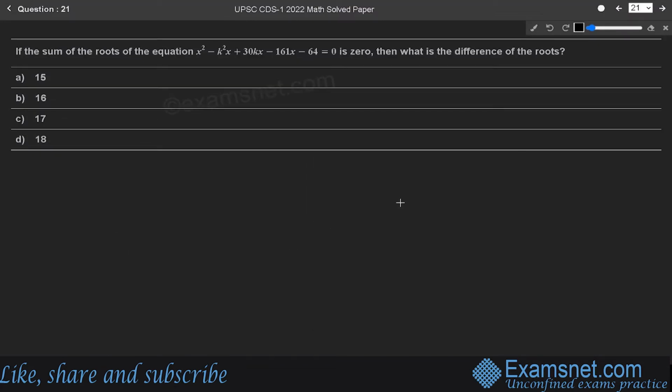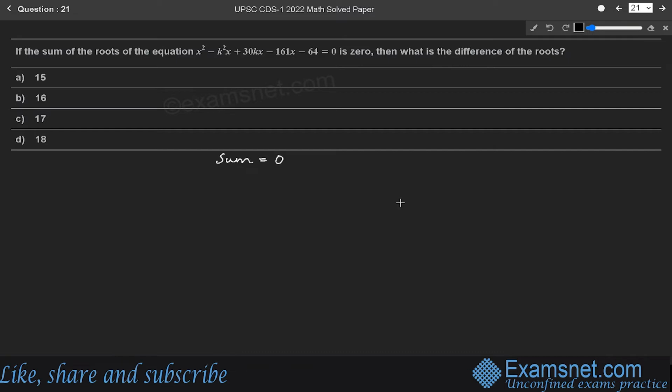Next question is, if the sum of the roots of the equation x square minus k square x plus 30kx minus 161x minus 64 is equal to 0 is 0, then what is the difference of the roots? This is a question from quadratic equations, and according to the question, the sum of roots is equal to 0.